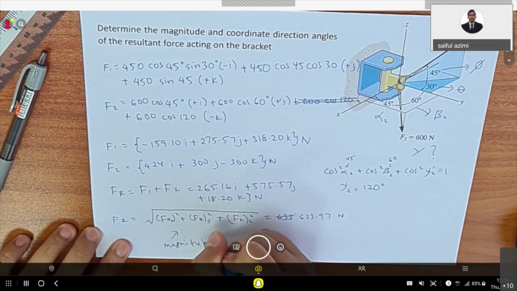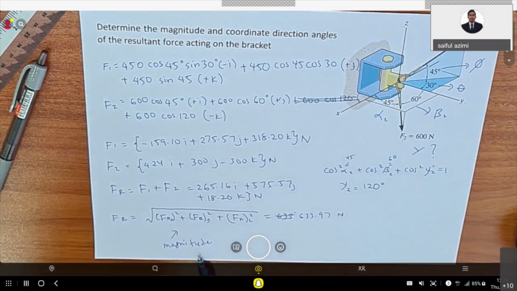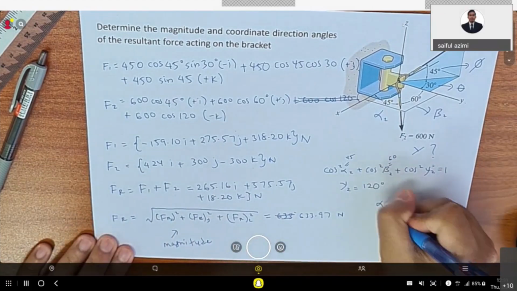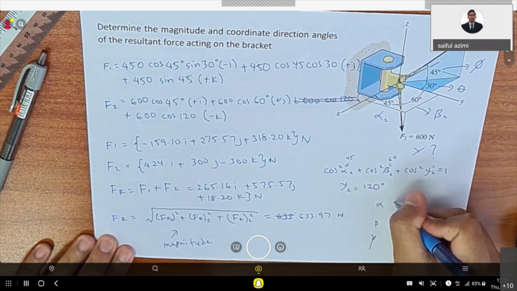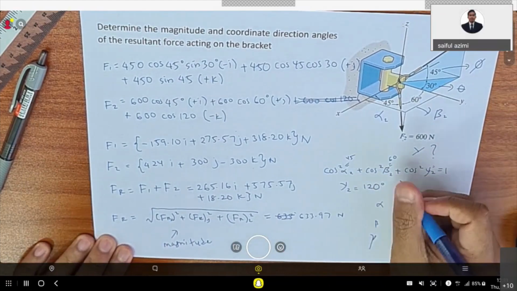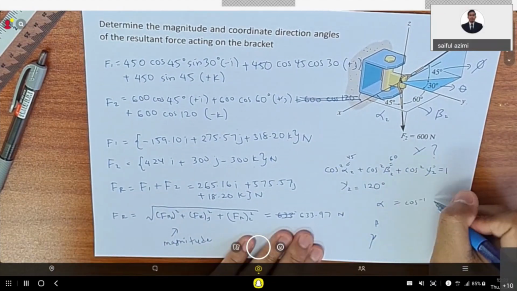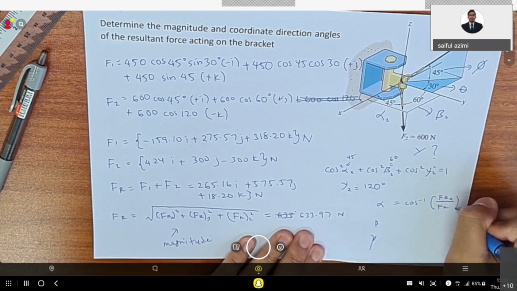For the direction, you can simply use the formula of alpha, beta, and gamma here. Alpha equals cos inverse FRX over FR.